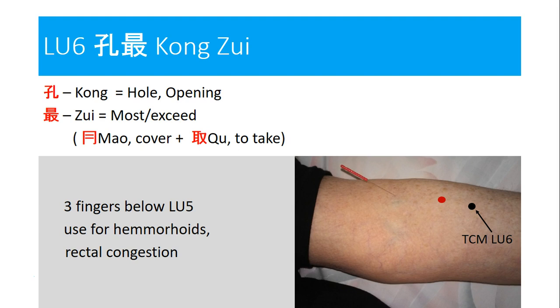I take the point 3 fingers below lung 5, rather than the current text description of 5 Tsun below lung 5. This is similar to pericardium 4, which I also take as 3 Tsun below the elbow. Note that pericardium 3, Zhe, and lung 5, Zhe, share the character Zhe, pond.